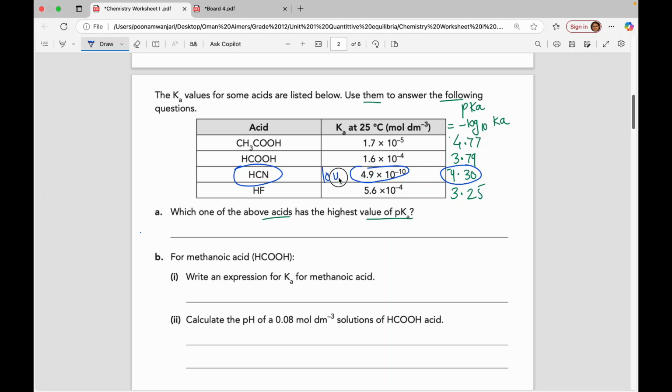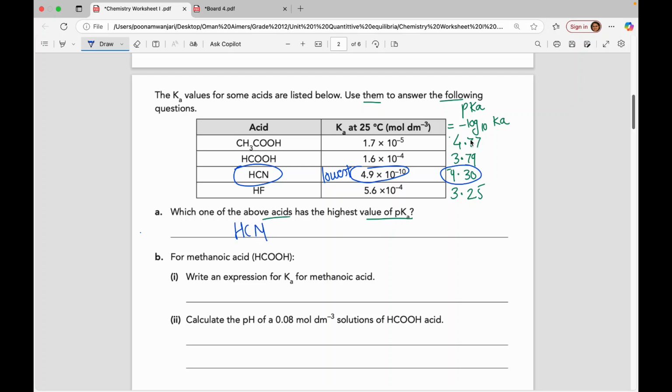So without taking the log also, if you find the lowest Ka value, you can easily find that it should have the highest value of pKa. So this is the lowest and this is the highest. This is the weakest acid here. So the acid with the highest pKa value is HCN.